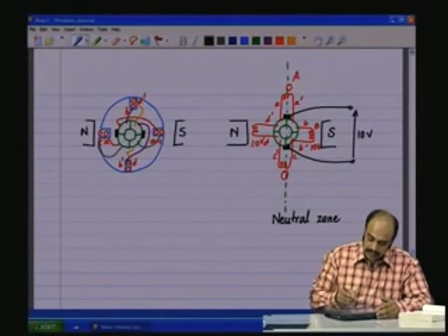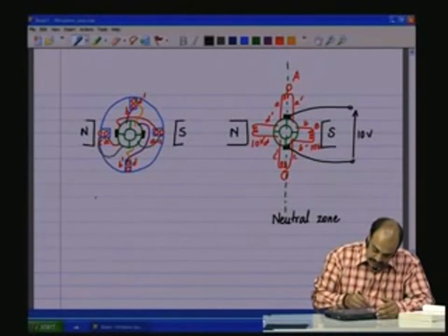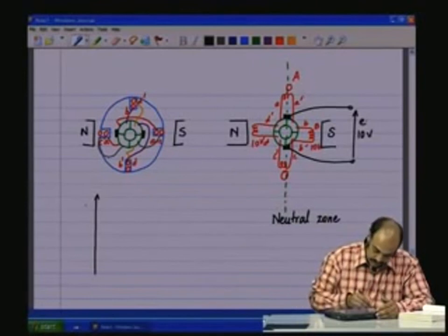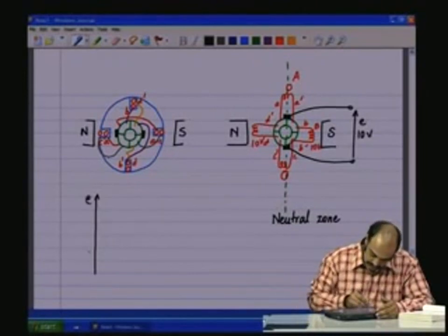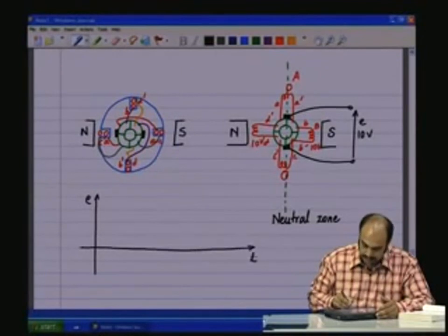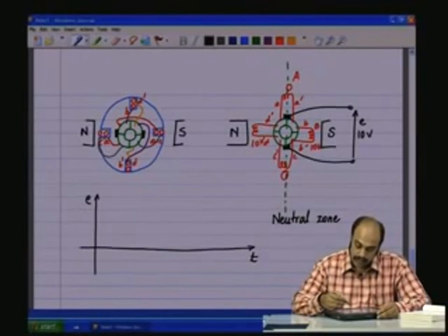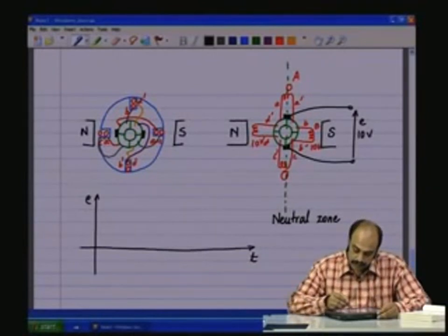Now this here would give us, let us say this is E versus time. Now let us say that the position is as shown here.